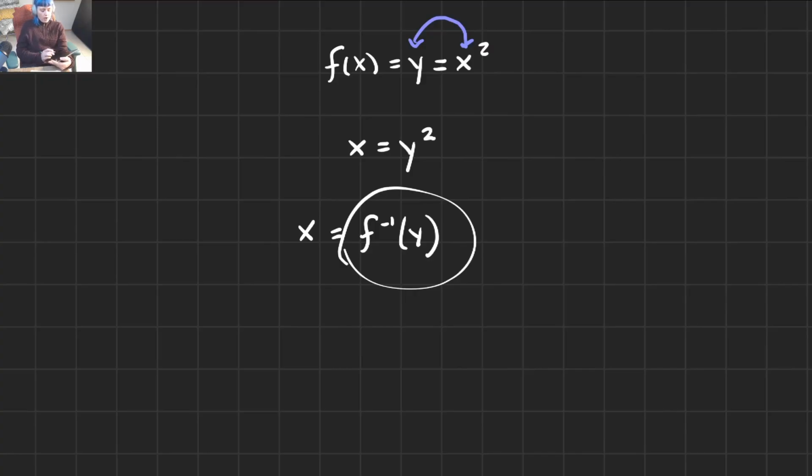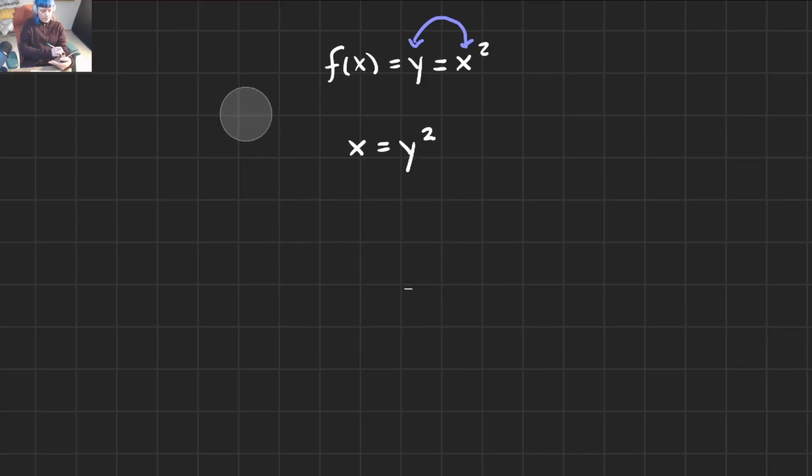So we want to solve for y, because then we'll switch y back to x. And let's do that. So we're going to solve for y. We're going to have to take the square root of both sides.